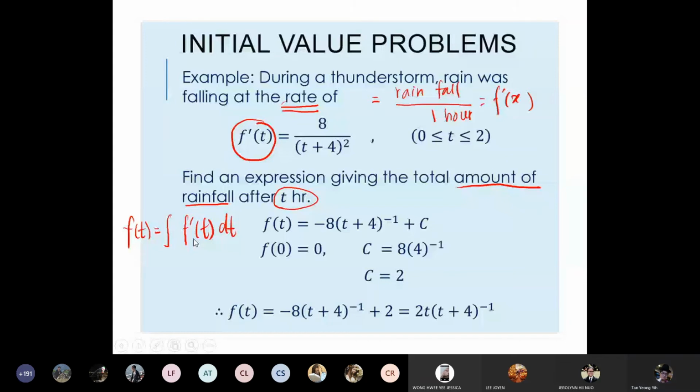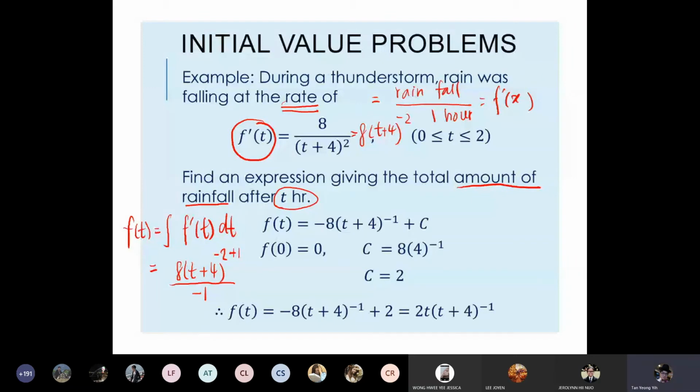And here we integrate 8. To save some time. Now to integrate this one, we need to change to power -2. So when we integrate, we add 1 to the power and divide by the derivative of the inside, which is 1.